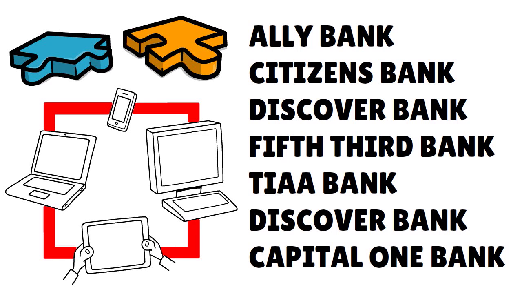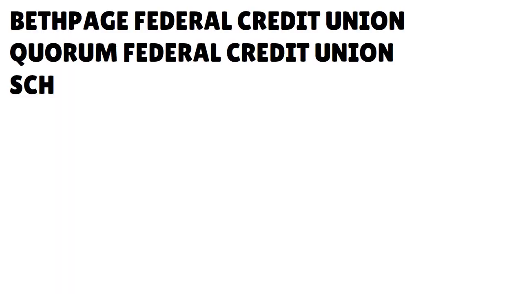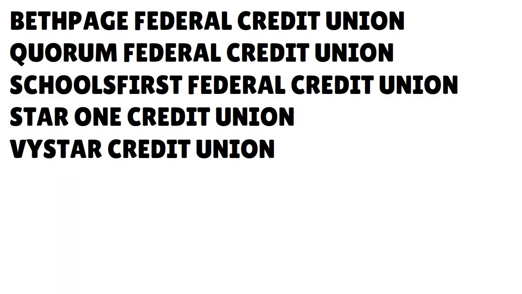Of course, Capital One will be there anyway because they own part of the pie. And some popular credit unions with Zelle are Bethpage Federal Credit Union, Quorum Federal Credit Union, Schools First Federal Credit Union, Star One Credit Union, and VyStar Credit Union.